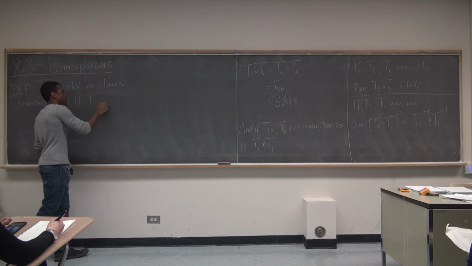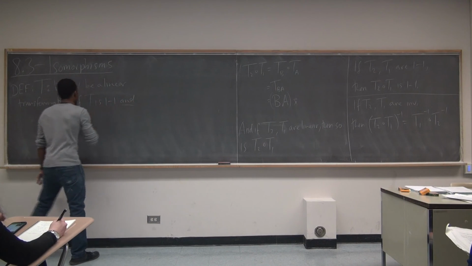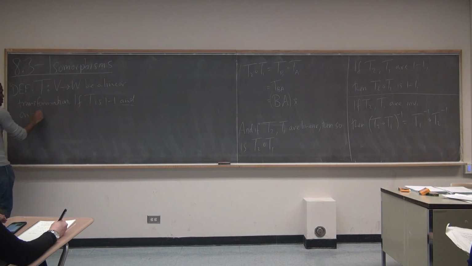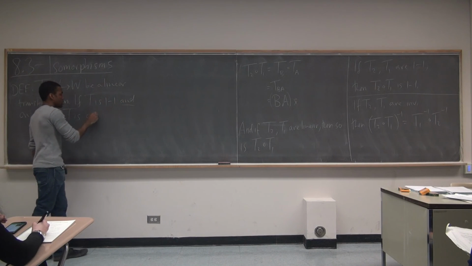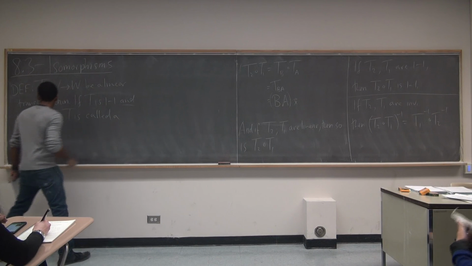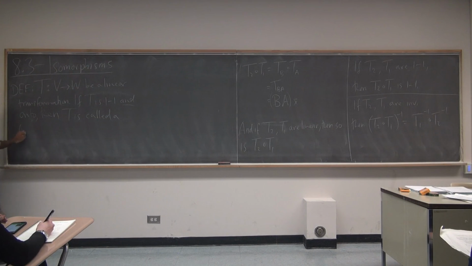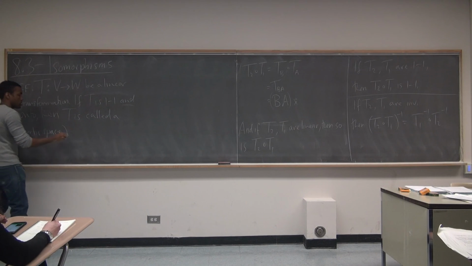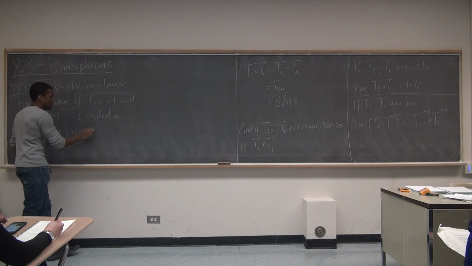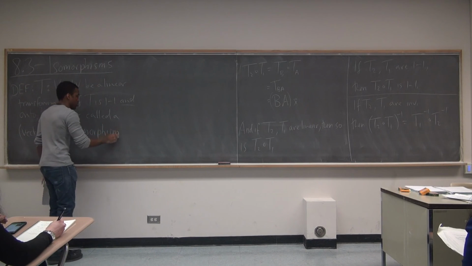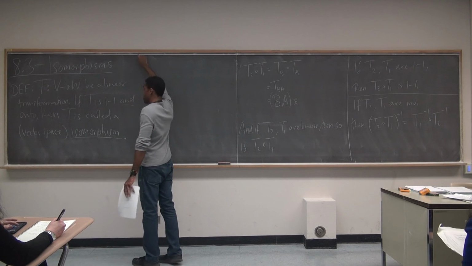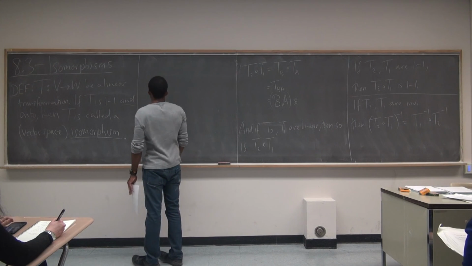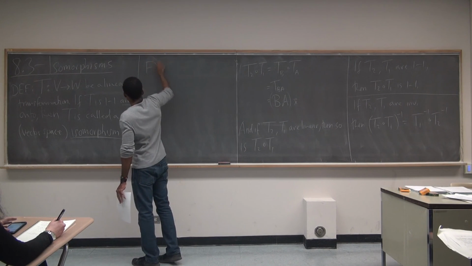If T is 1-to-1 and onto, then T is called an isomorphism. An invertible linear transformation, the technical term is isomorphism. FYI.